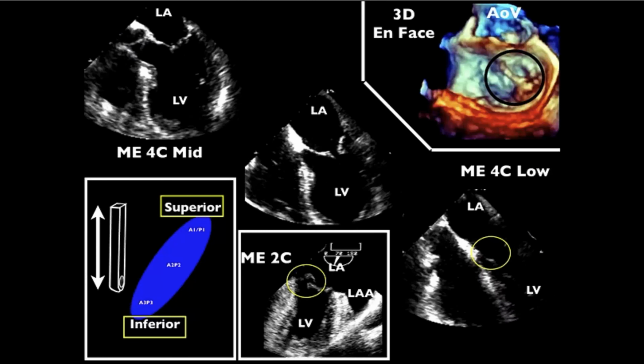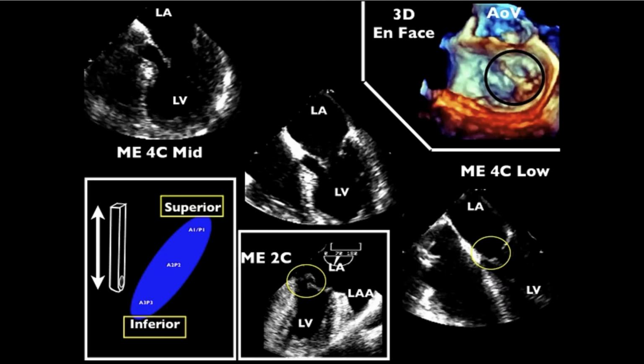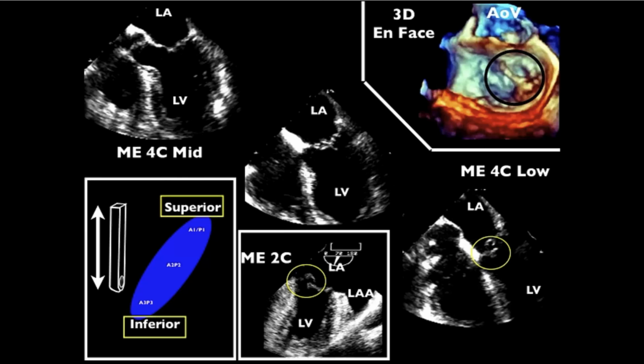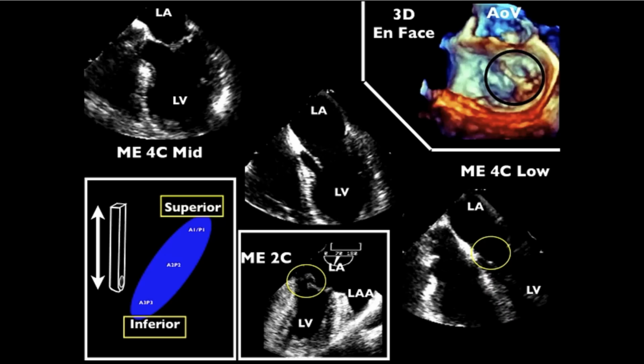This is an example of just that, of advancing the probe a little bit further. You can see in the top left the mid-esophageal four-chamber in a mid-position view with the outflow tract there, likely seeing A2 and P2.